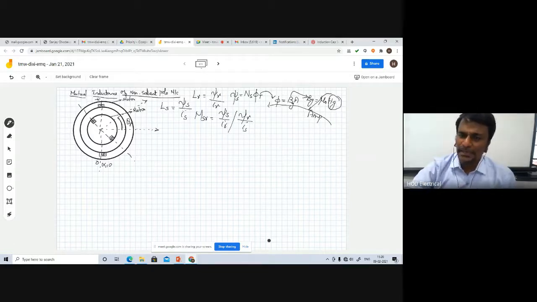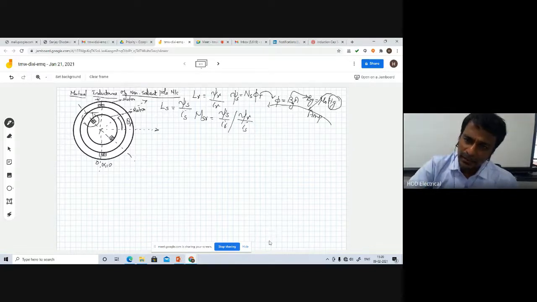Now in this case, we are exciting the rotor and finding the mutual inductance between stator and rotor. The current is leaving from here, therefore the magnetic flux direction will be like this. Current is leaving, so the direction is anti-clockwise.